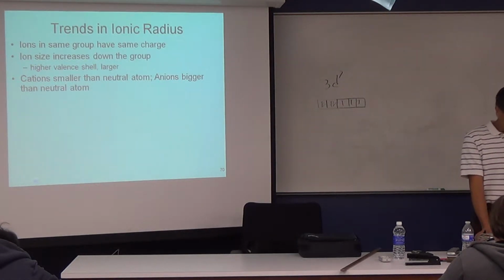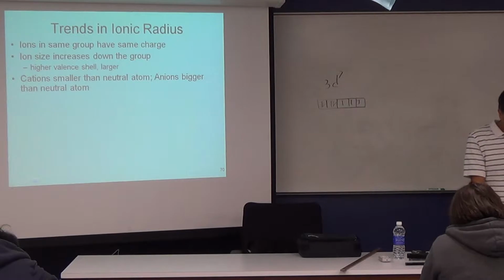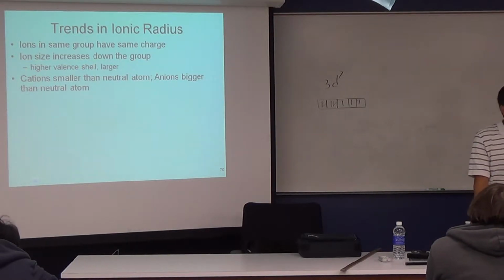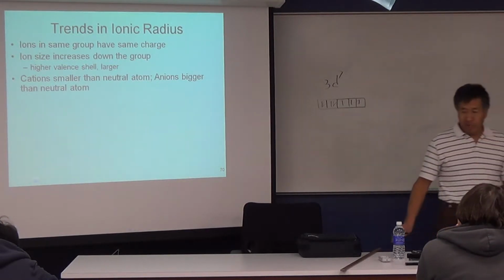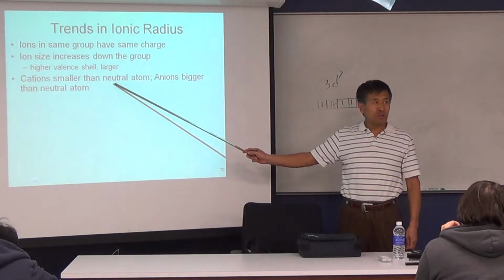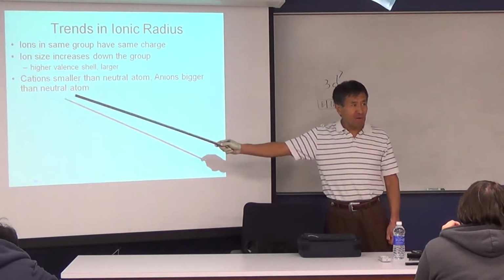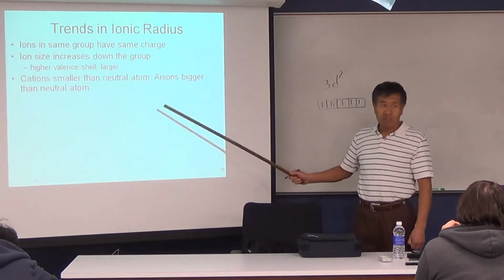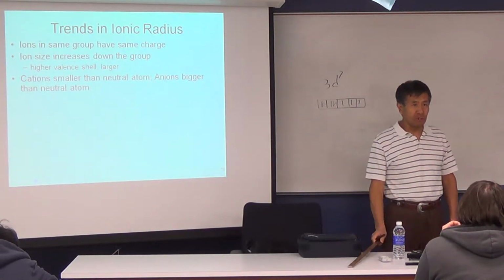You also saw that the configuration for N is 3 negative for the nitride. To get 3 negative, you have to put 3 extra electrons on. So that tells us we can compare the ion with the neutral atom those ions come from.